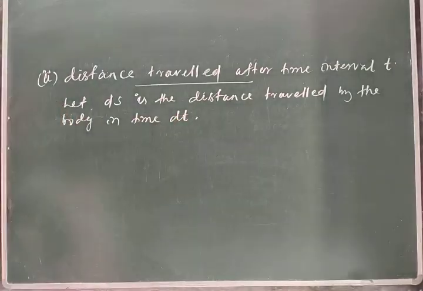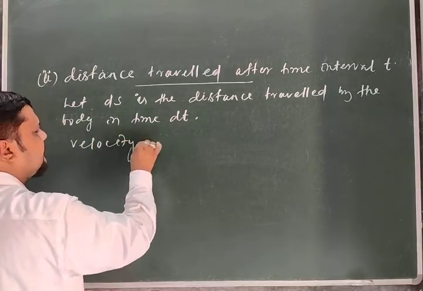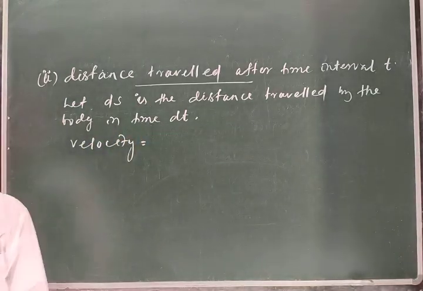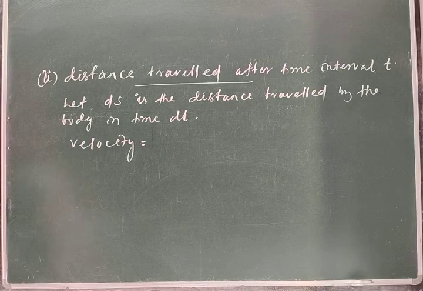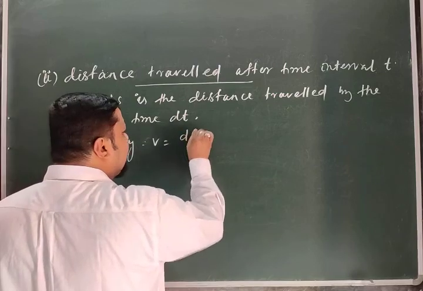Clear? Then what is the formula for velocity? Instantaneous velocity: if we travel distance ds in time dt, then the instantaneous velocity v is equal to ds by dt.